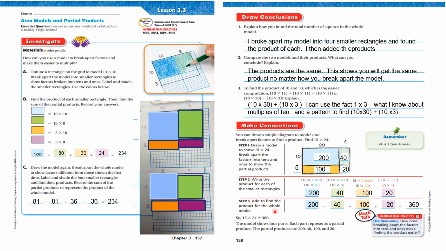Now it says to add the products of the model. 200 plus 40 plus 100 plus 20 is 360. So 15 times 24 is 360. The model shows 4 parts. Each part represents a partial product, and the partial products are 200, 40, 100, and 20.